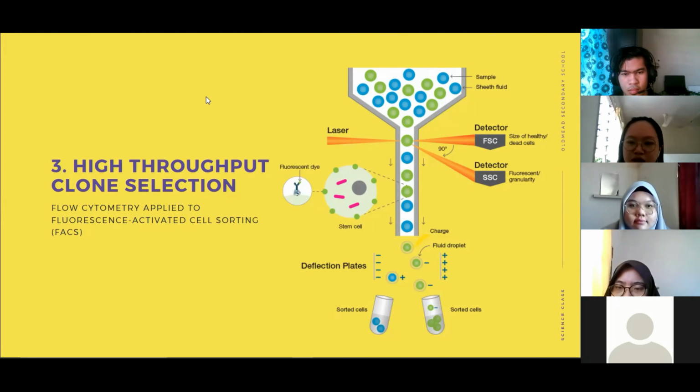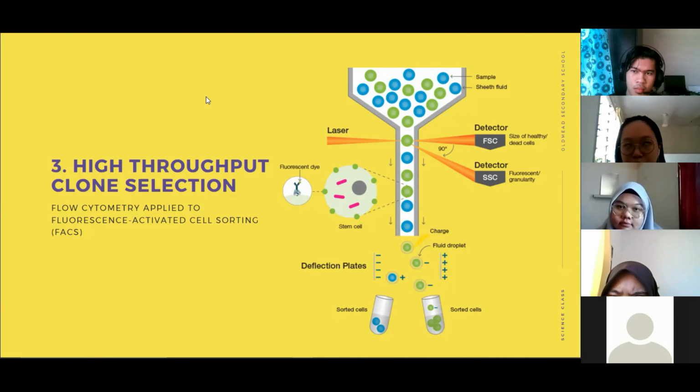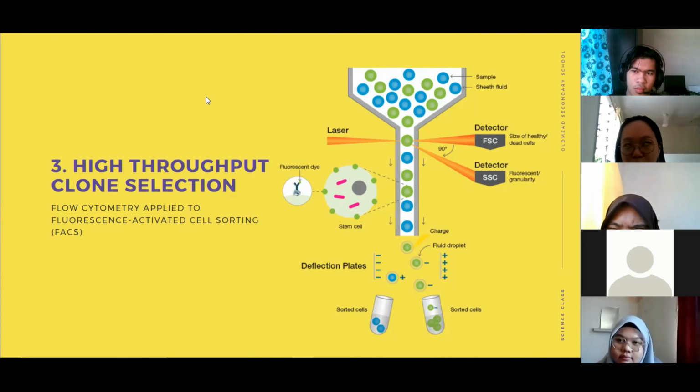So FACS is an abbreviation for fluorescent activated cell sorting, where it adds a degree of functionality to the flow cytometry. So by utilizing highly specific antibodies, it is able to sort and differentiate the biological sample by a nearly limitless number of different parameters.